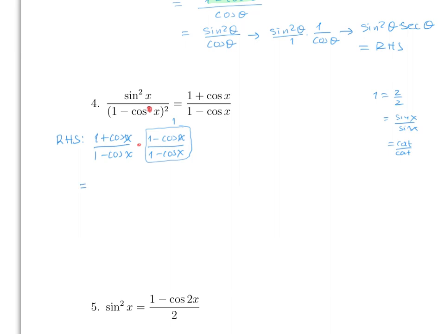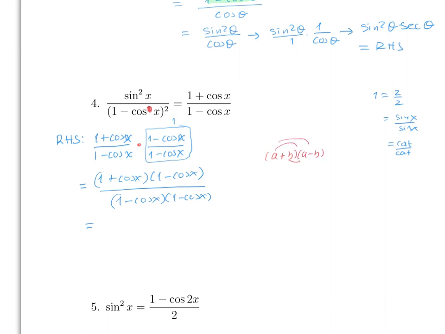So therefore, on the top, you have 1 plus cosine x times 1 minus cosine x. And then on the bottom, you have 1 minus cosine x times 1 minus cosine x. If you FOIL, remember what happens when you have a plus b and a minus b.